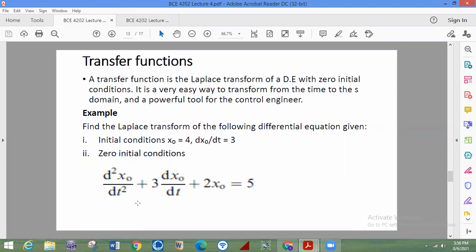So this is the differential equation. Excuse me, sir. Yes, please. The previous reminders on Laplace transform, are they necessary in terms of being examinable, or are they just for the purposes of making us remember?